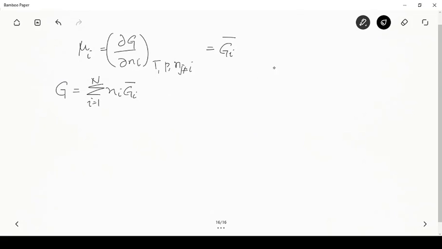Because we had defined that any generic extensive property X is the summation over i equal to 1 to n of Ni Xi bar, where Xi bar is defined as the partial molar property.